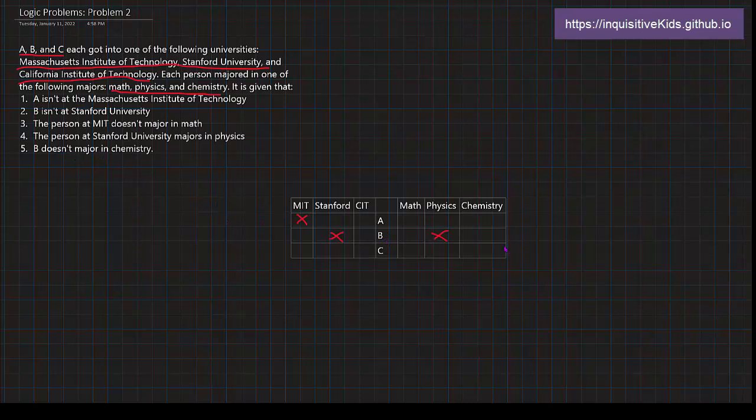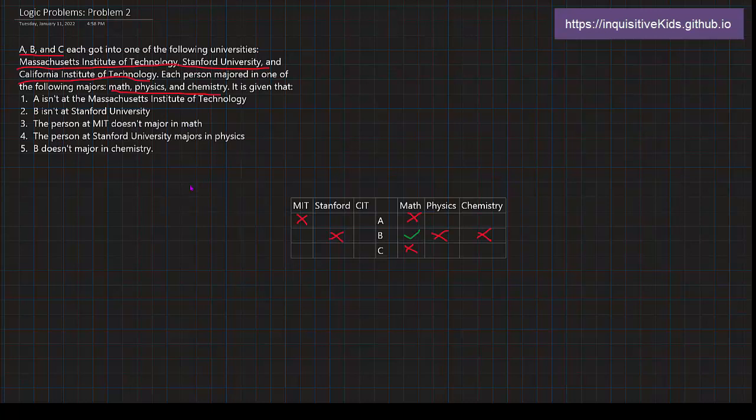If you think about it, each person has one major, of course, but B does not major in physics or chemistry. So that means B has to major in math. So if B majors in math, then A and C cannot major in math either.